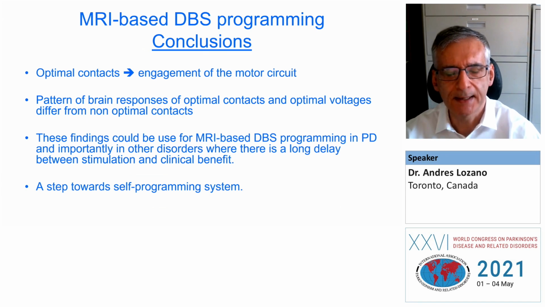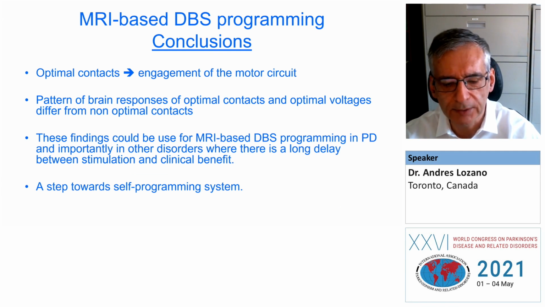So what this means then is that one can identify the optimal contacts using fMRI, and these optimal contacts then generate a specific engagement of the motor circuit and tell you that you are on the right track, that you have achieved what you wanted to do by engaging the motor circuit that is responsible for the clinical benefit.